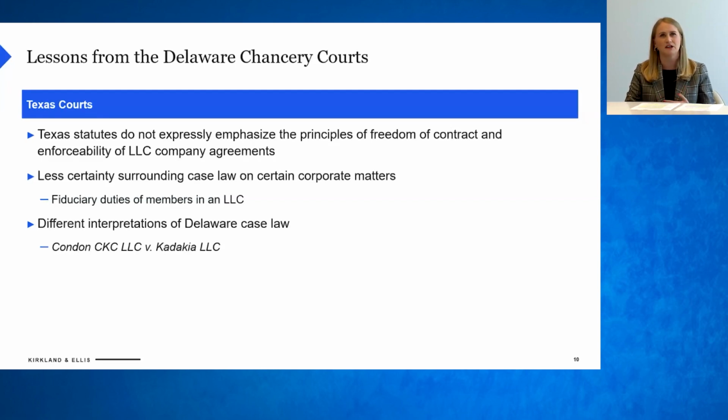But there's a particularly insightful dissent in this case where the justice felt that the court had conflated the idea of independent directors and officers versus interested directors and officers. There's a pretty bright line test in Delaware, given the case law and the precedent in the Chancery courts, that speaks to the independence versus interest of a director test.